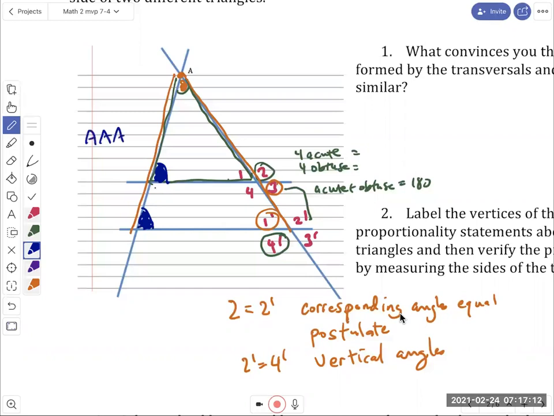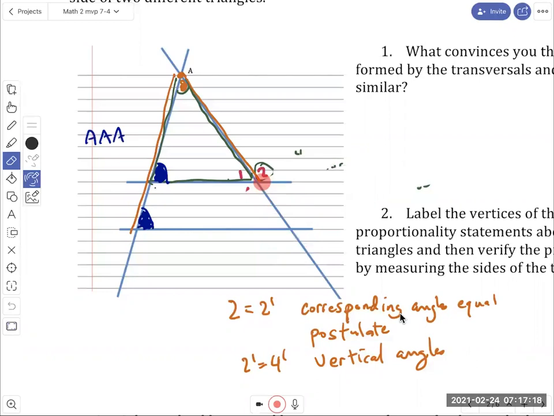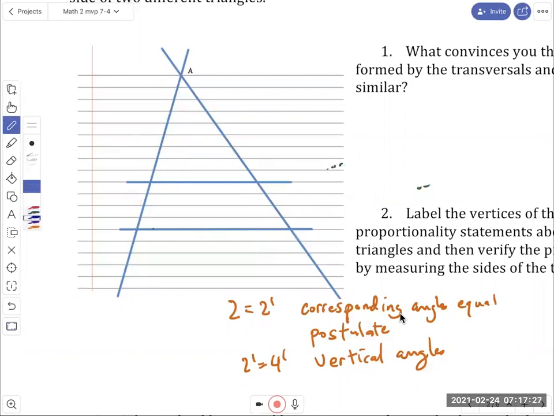But given that, what other kinds of proportions can you get? And so this is what they're trying to get you to do, right? Is say, okay, if I have these sides, what kind of proportions can I get?